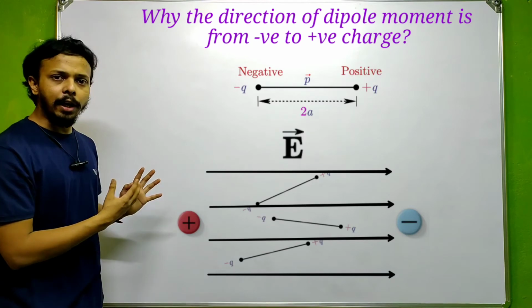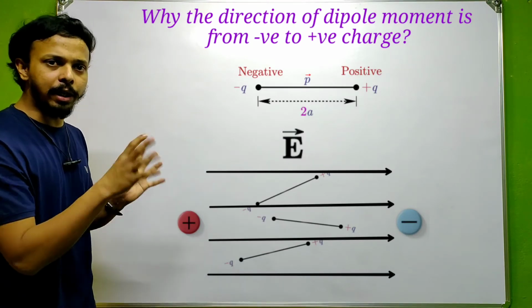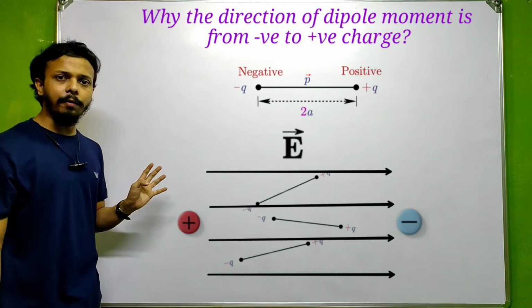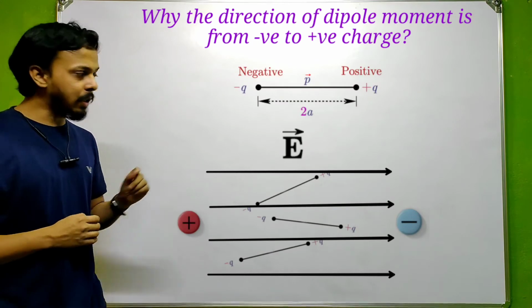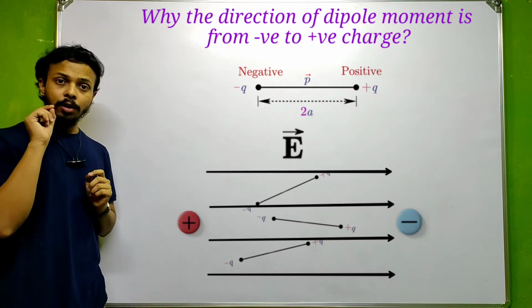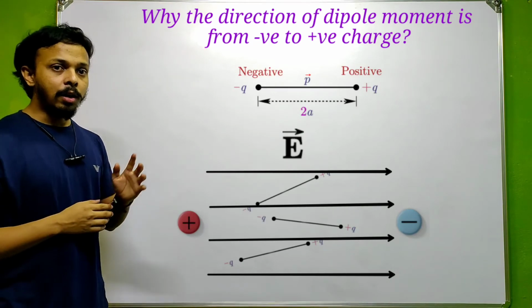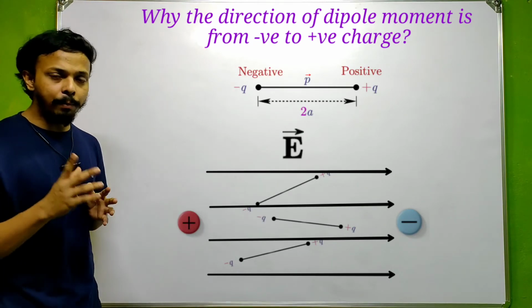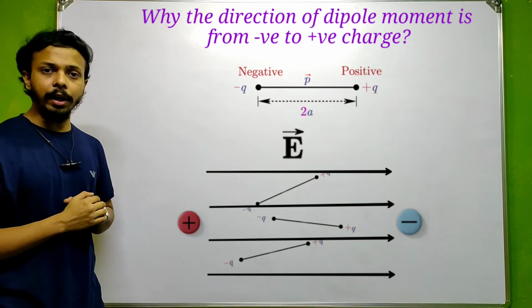In that electric field, place some dipoles in a random arrangement. What happens after some time? As a dipole consists of two charges, equal and opposite in polarity, the negative charge of the dipole experiences a force opposite to the electric field.